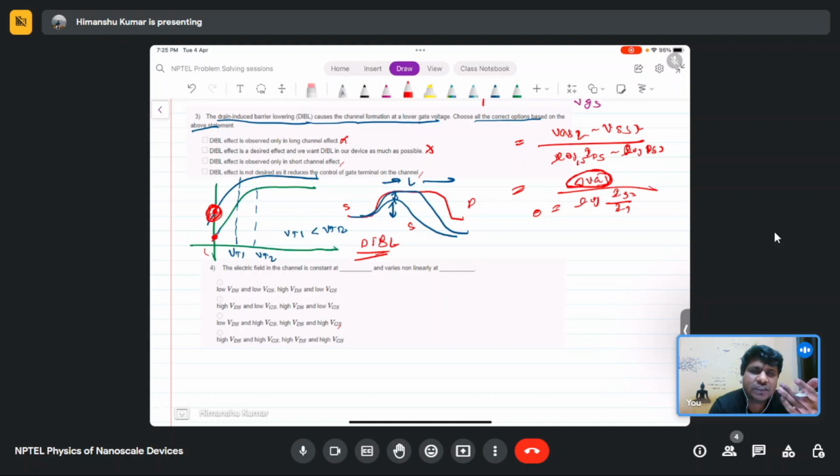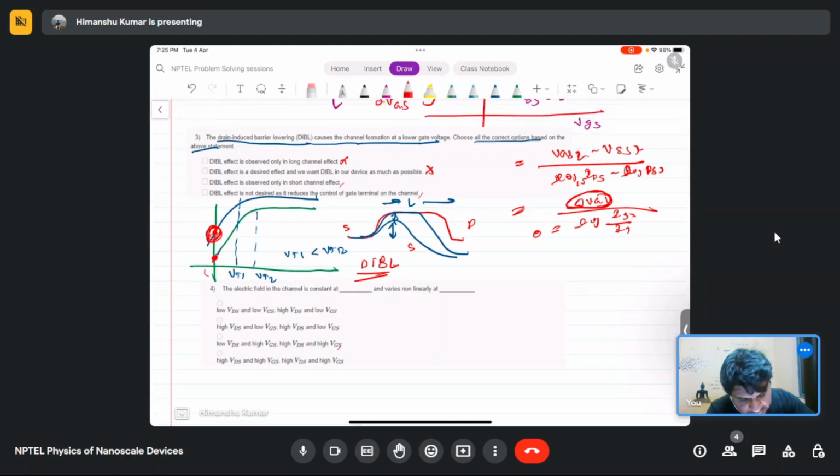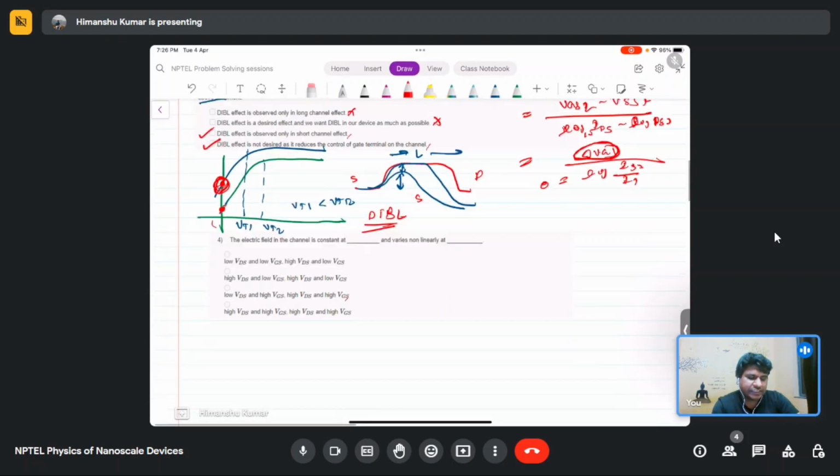Those increase the control of the gate on the channel compared to the control of the drain on the channel. DIBL effect is observed only in short channel devices. Yeah, so this is the correct answer. DIBL effect is not desired as it reduces the control of the gate terminal on the channel. Yeah, this is also the correct option as I explained.